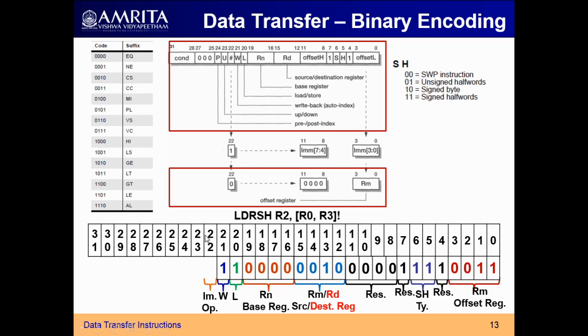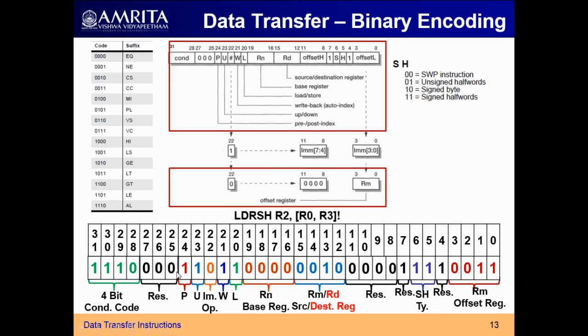Then bit number 22 will be different because it is used for representing the immediate operand. Since I am using a register offset, what should this value be? This value should be 0. In the previous case, when you were using an immediate offset, this value should be 1. But now this bit number 22 should be 0.